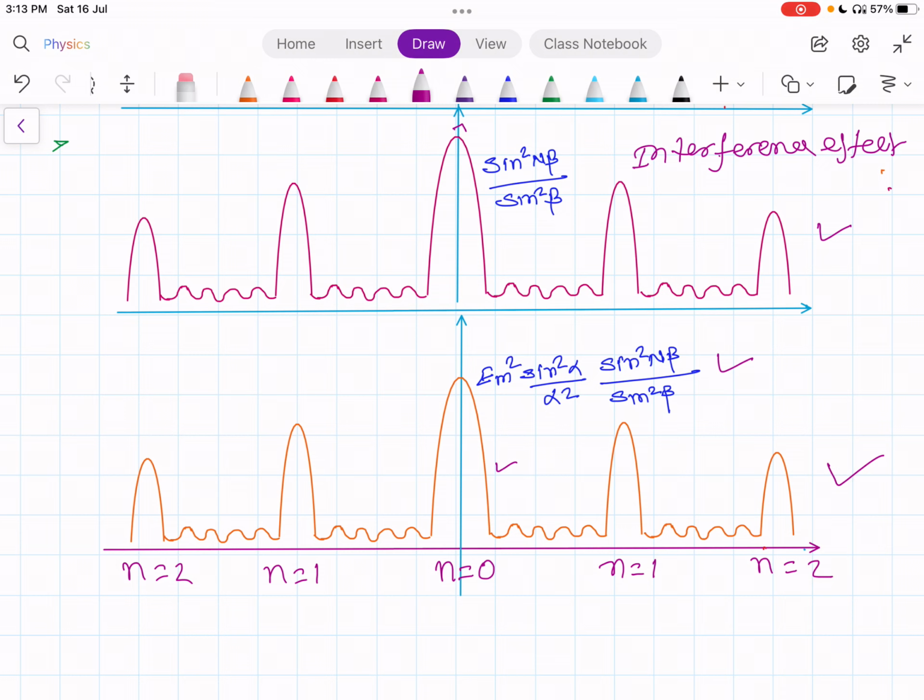And between any two principal maxima, there are N minus 1 minima and N minus 2 secondary maxima. But the intensity of the secondary maxima is so low that we can't see them. We see only the principal maxima like zeroth order, first order, and so on.